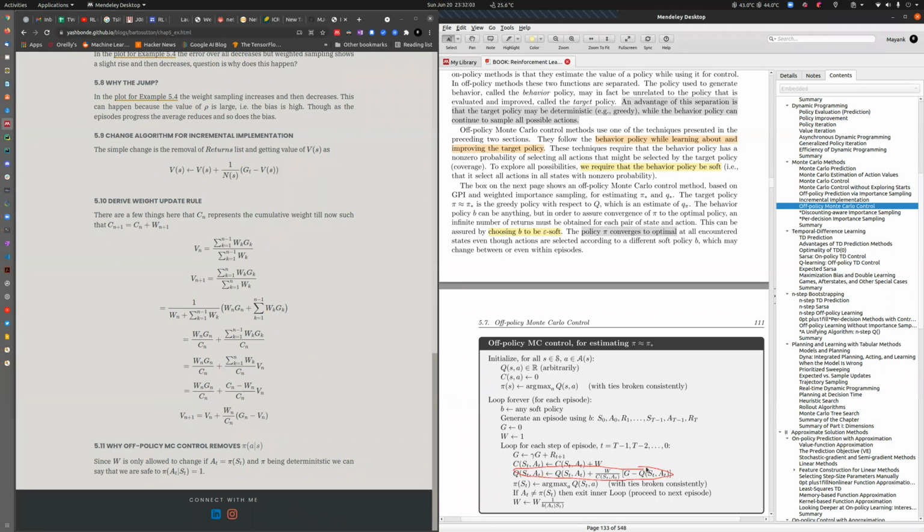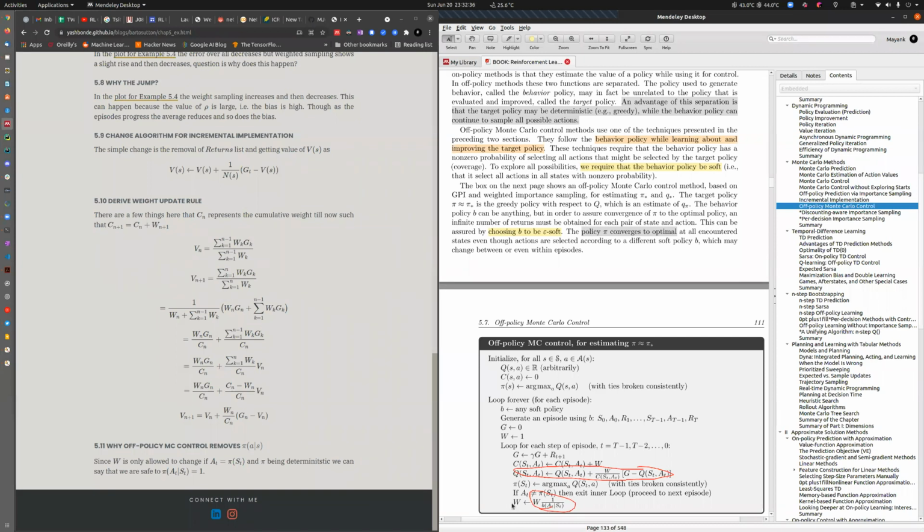So these are the q values that we get, and since this is weighted importance sampling, we are choosing b here to be epsilon-soft. This is the b, and it depends upon this factor.